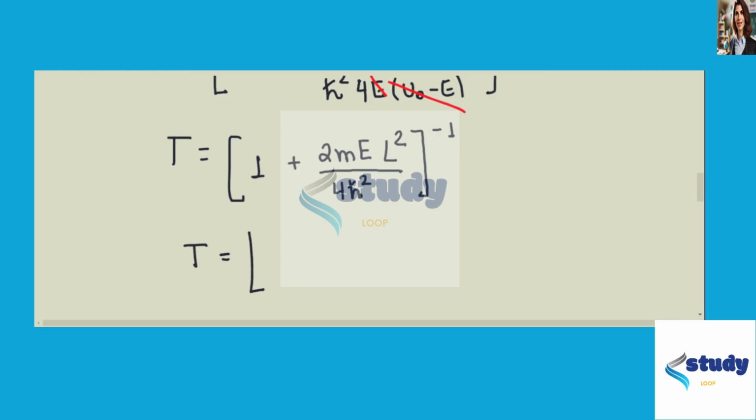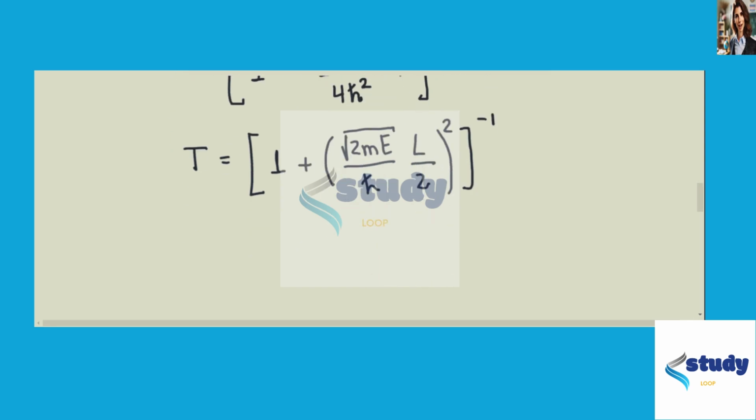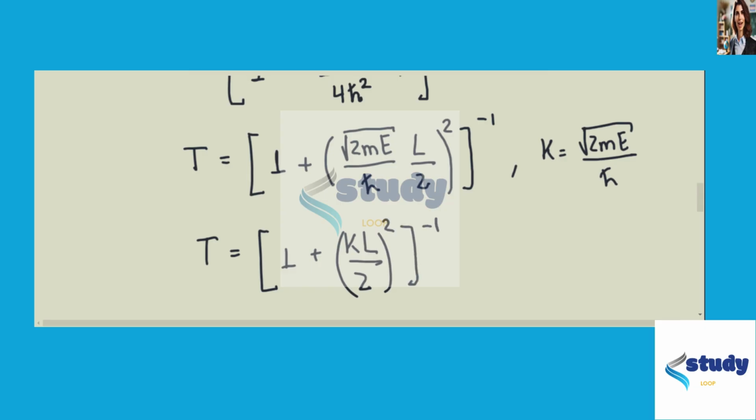So T is equal to 1 plus the square root of 2me divided by h bar times L divided by 2, squared, to the minus 1. And now defining k to be equal to the square root of 2me divided by h bar, you get that T is equal to 1 plus kL over 2 squared to the minus 1, which concludes our exercise.